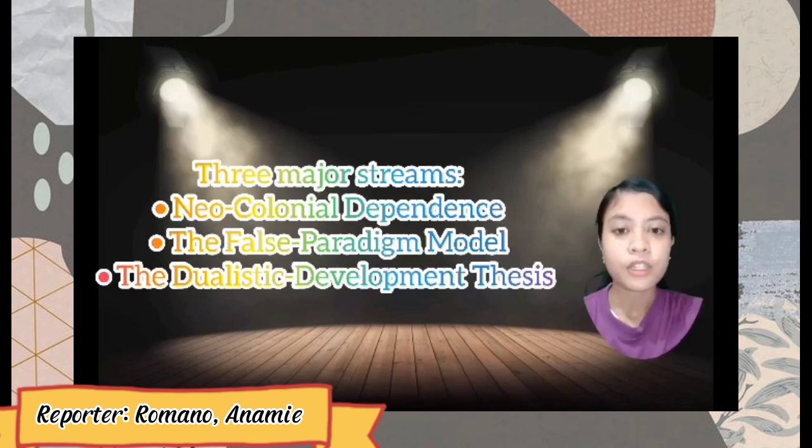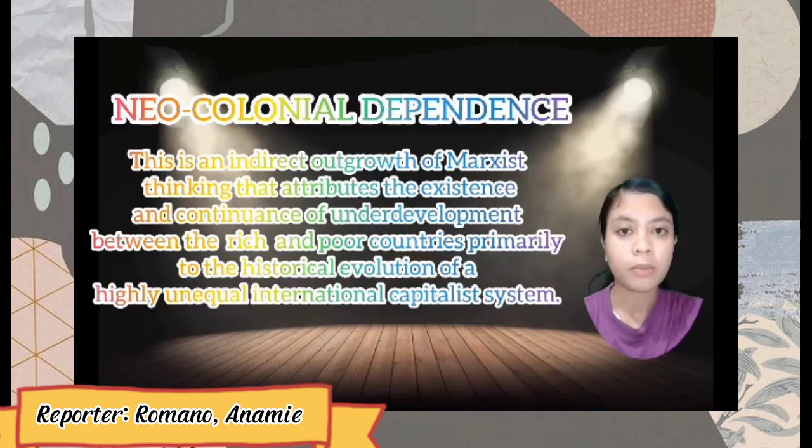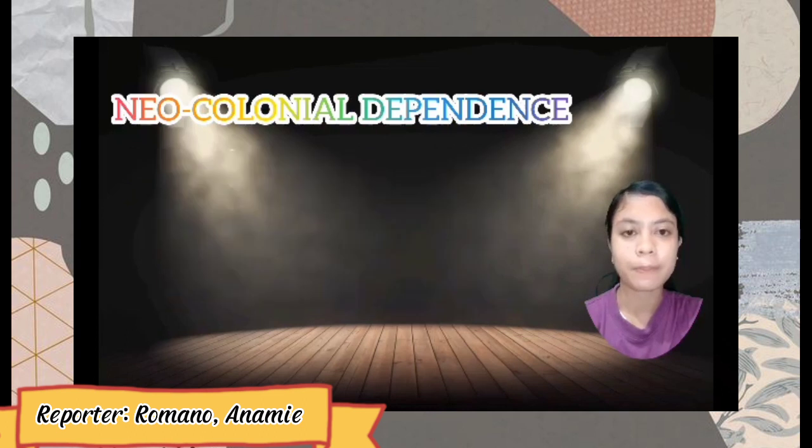So let's tackle first the neo-colonial dependence. This is an indirect outgrowth of Marxist thinking that attributes the existence and continuance of underdevelopment between the rich and poor countries primarily to the historical evolution of a highly unequal international capitalist system.